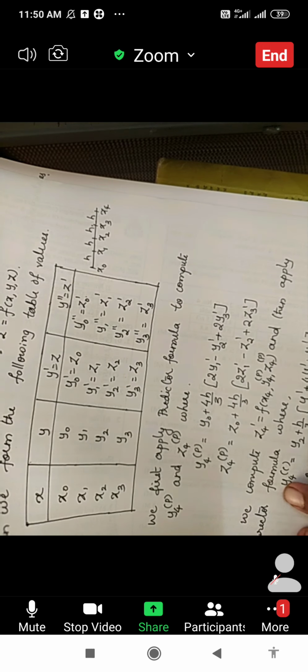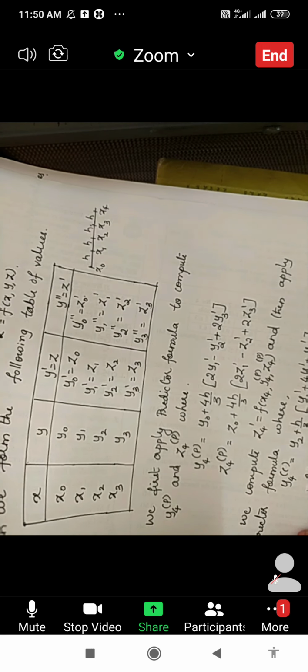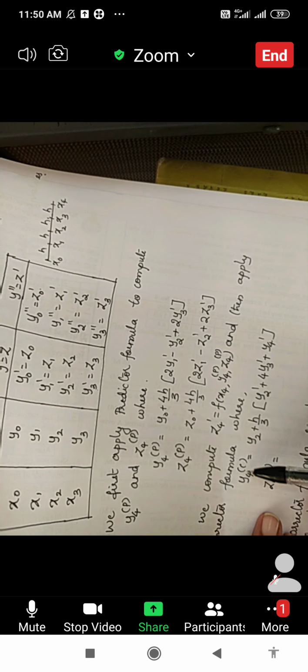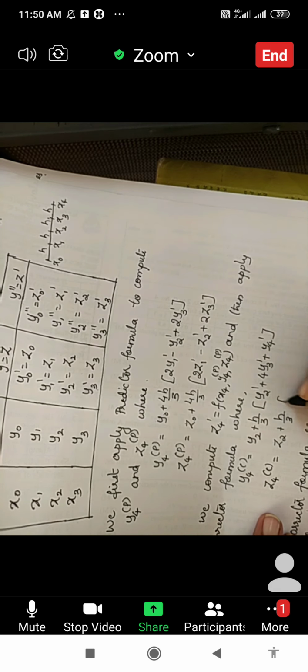Then after this, we have to apply a corrector formula. What is the corrector formula? y4 to the power c is nothing but y2 plus h by 3 times y2 dash plus 4 y3 dash plus y4 dash. Can you guess what should be the corrected value of z4? Plus z4 dash.